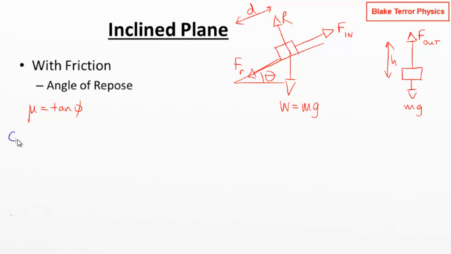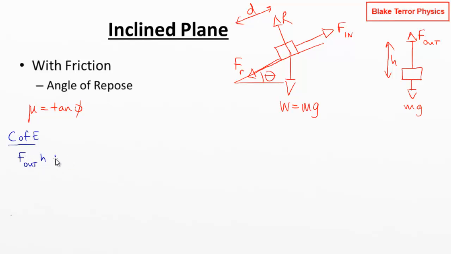Let's start off with our conservation of energy. So for conservation of energy, we've got the change in our potential energy, or the work done in raising the mass. So we could say either way on that, the F out times h, so that's mgh, so force times distance.